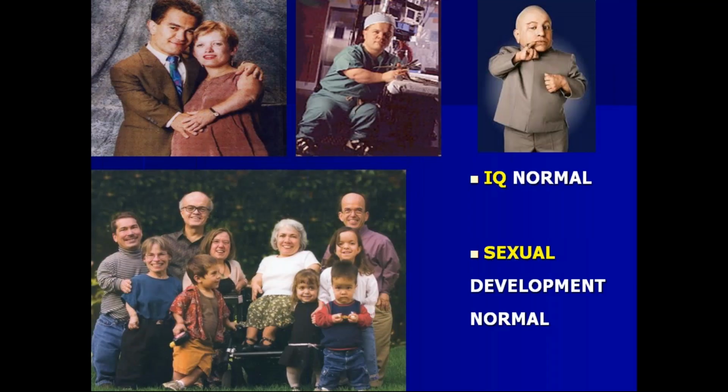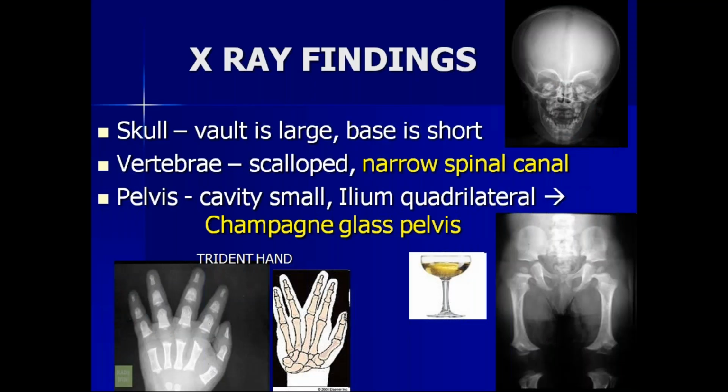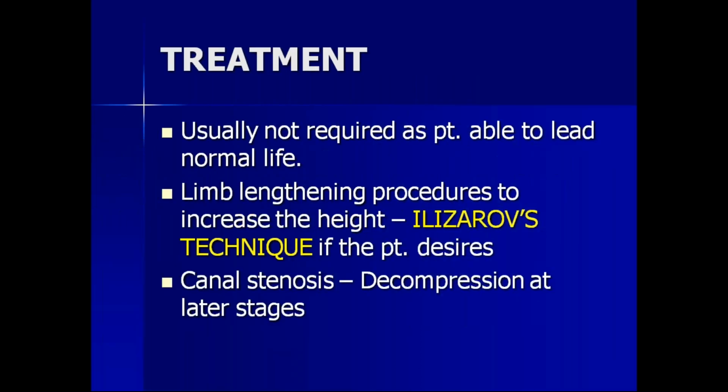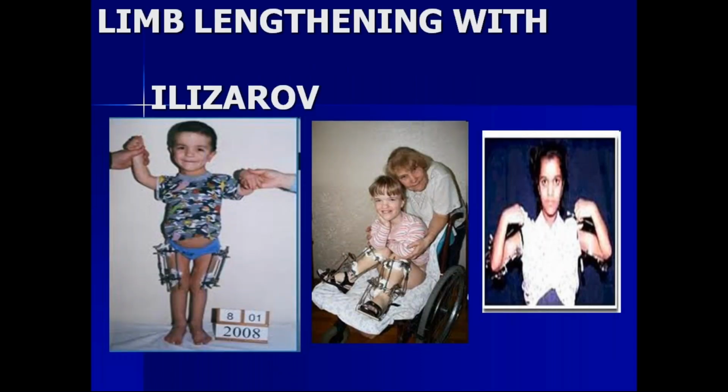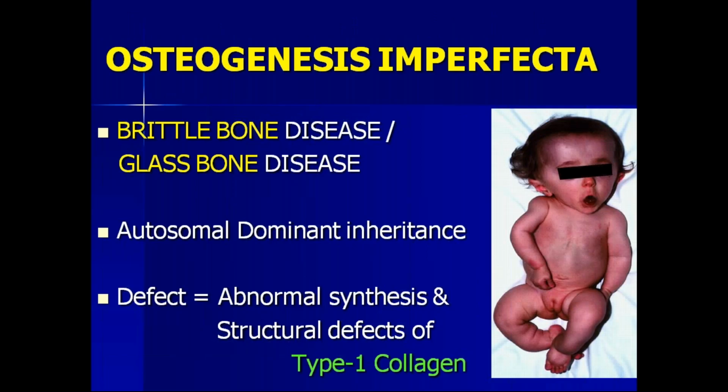Frontal bossing is present. If you remember that, trident hand and champagne glass pelvis are the other features. Ilizarov can be used for lengthening. So I'm confident that you are able to understand achondroplasia. It is a defect in endochondral ossification.